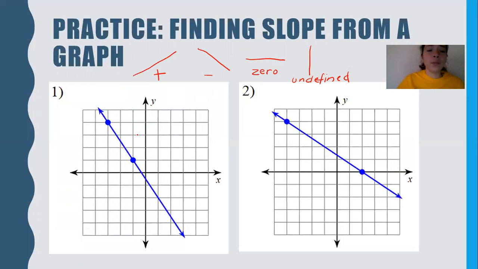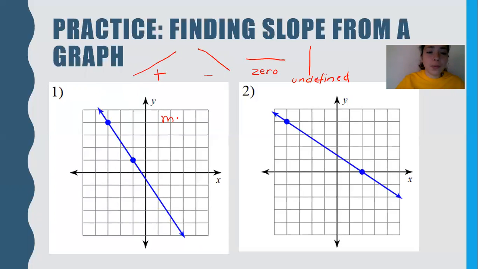Number 1, which one does it look like? Positive, negative, 0, or undefined? It's a negative, because notice this one's going down. This one's also going down.